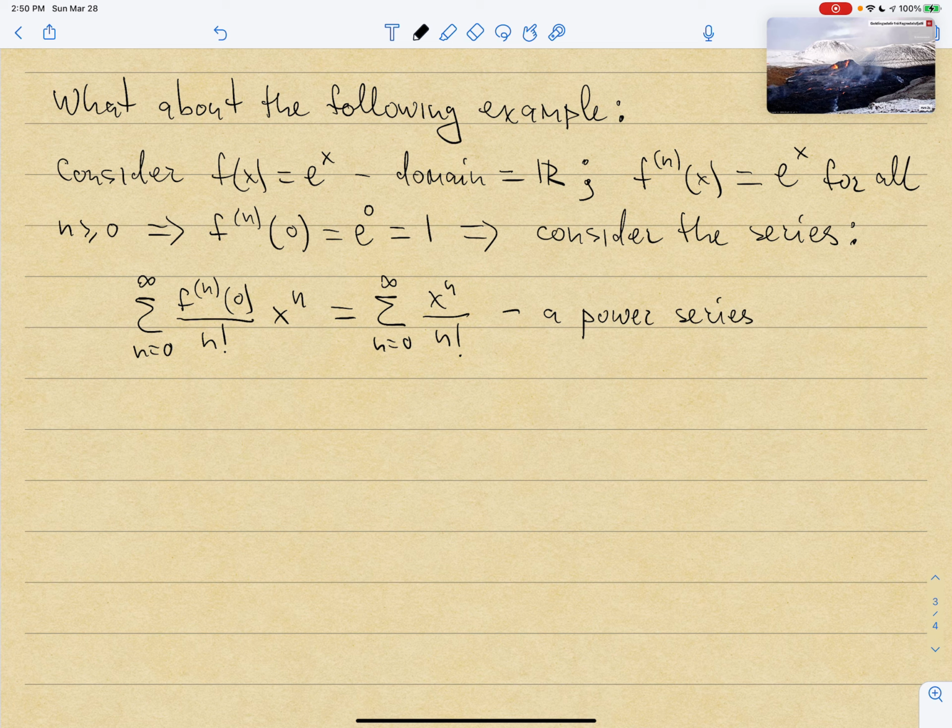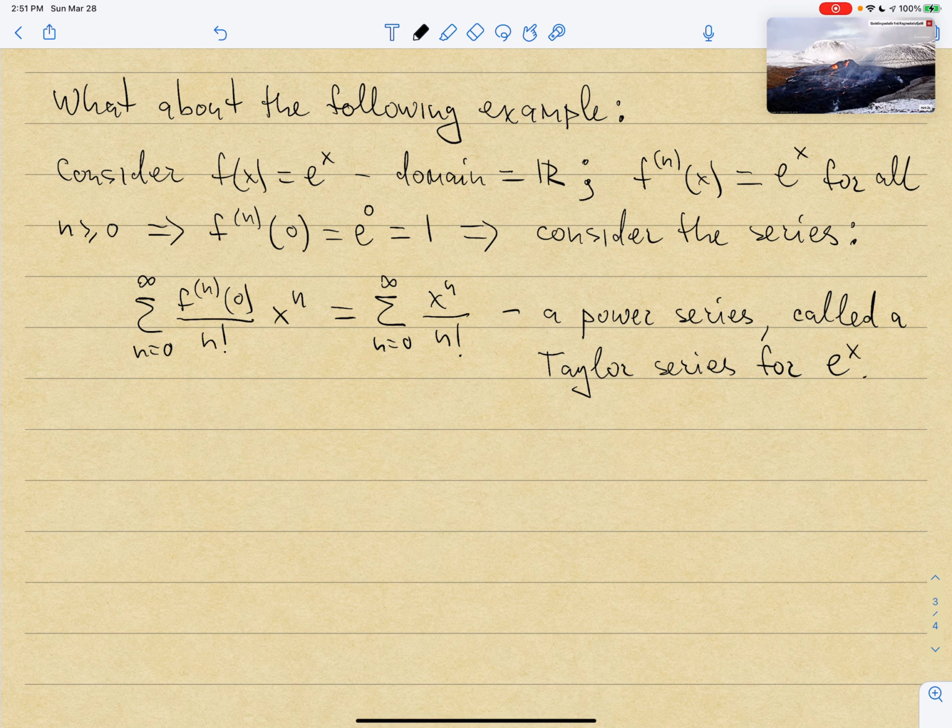And because this series was generated from the function e to the x, it's called the Taylor series for e to the x.